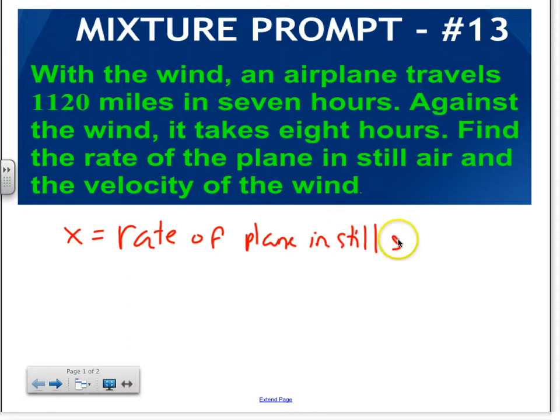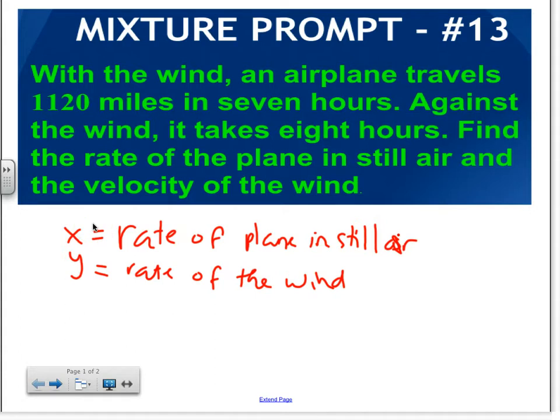Very good. Okay, what else? Y equals velocity. Let's change the wording, because sometimes people have a hard time understanding what velocity is. Let's just make it simple: Y is the speed, or rate, of the wind, right? Okay. So, do we have the two variables to represent what we don't know at this point in time?